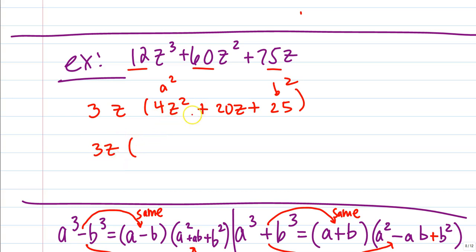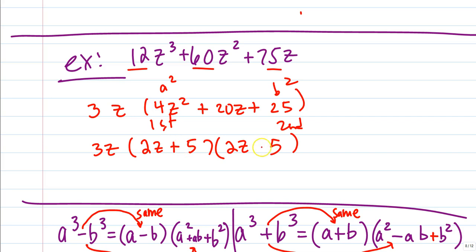Okay, what multiplies to make 4z squared? Well, if this is going to be our special one, it's going to be 2z and 2z. What's going to multiply to make that 25? That would be a 5 and a 5. Will those both make a 20? Let's see.